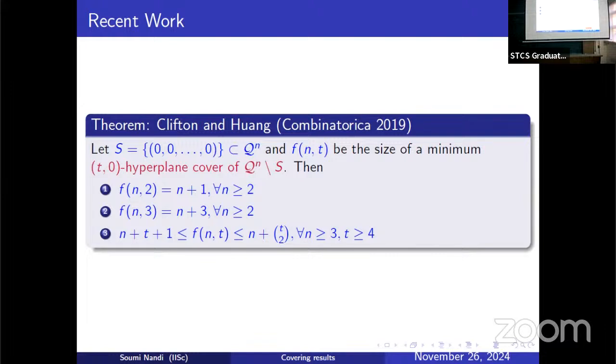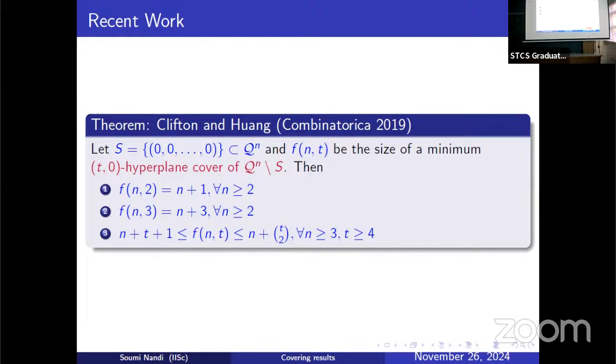And for higher values of n and t, so the dimension is higher and t, the number of times we are covering, is also greater than 3, they have given a lower bound of n plus t plus 1 and an upper bound of n plus t choose 2.